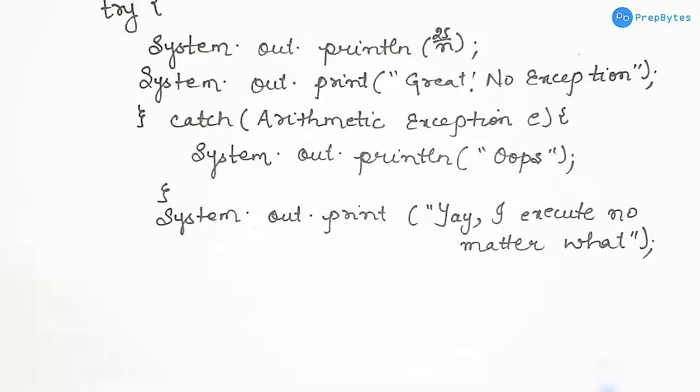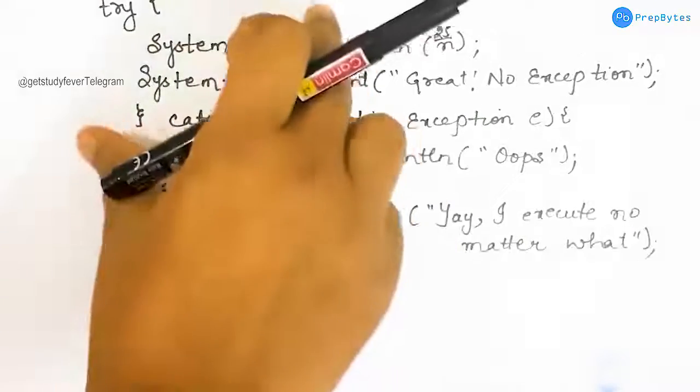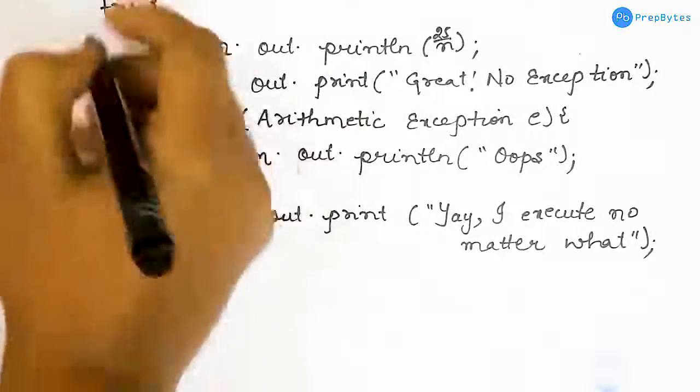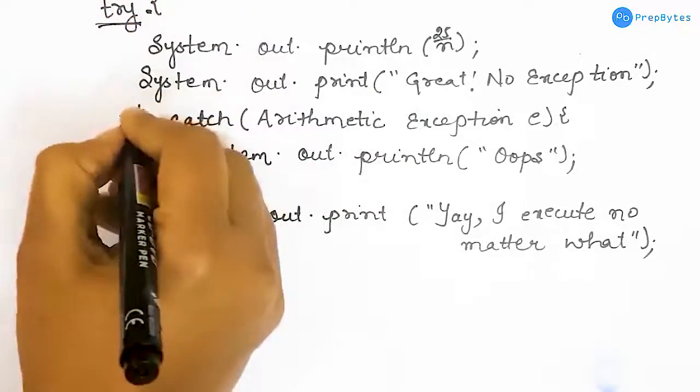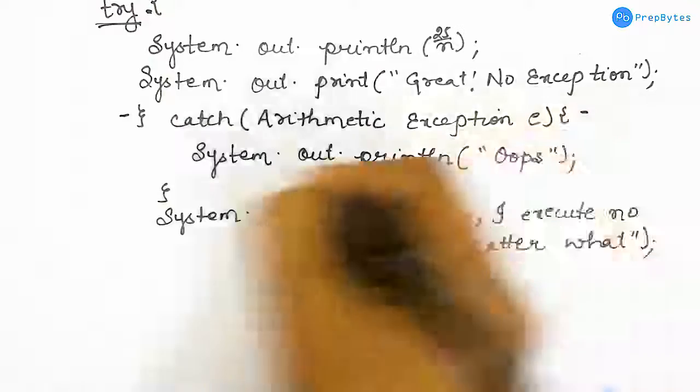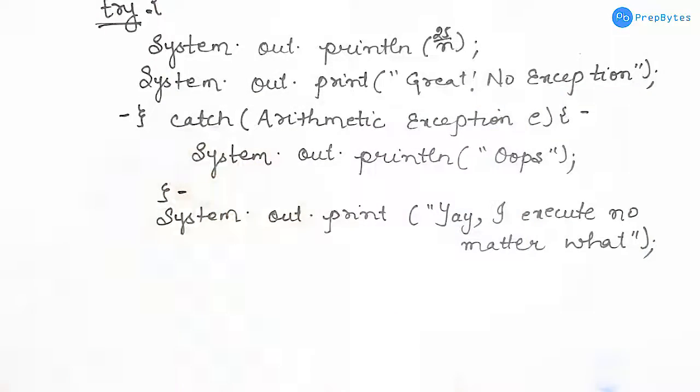Now let's see more about try catch using this example. So let's say I have a print statement here, here, here and here, and we have this try catch block here. This is the try block and this is the catch block. It starts from here, ends here. So now let's see different scenarios and try to understand more about try catch.